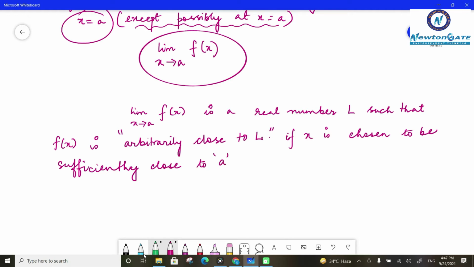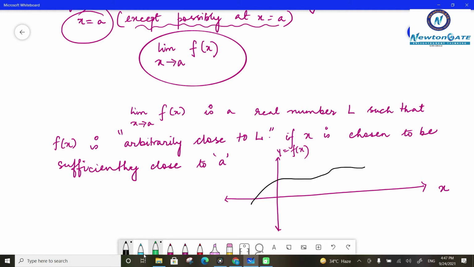If I draw a graph like this, suppose this is my x-axis and this is y equal to f(x), the function. I am just taking a random graph, and let me take this as my value x equal to a.